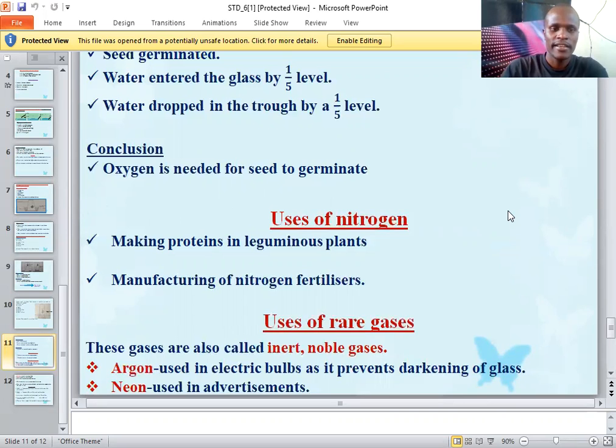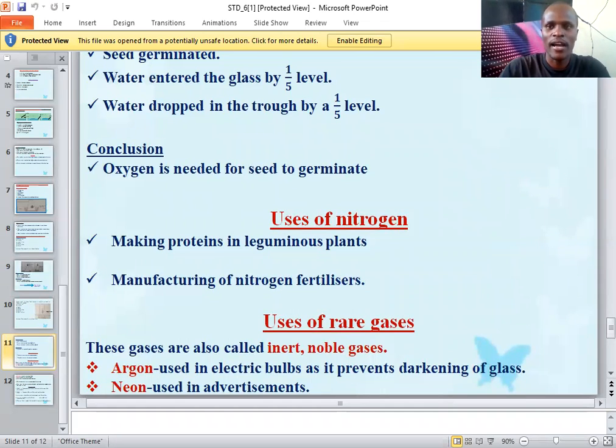Argon is a rare gas and it is used in electric bulbs. Why do we use argon in electric bulbs? Because this argon gas prevents the darkening of glass. So because of that, it is suitable in making of the bulbs.